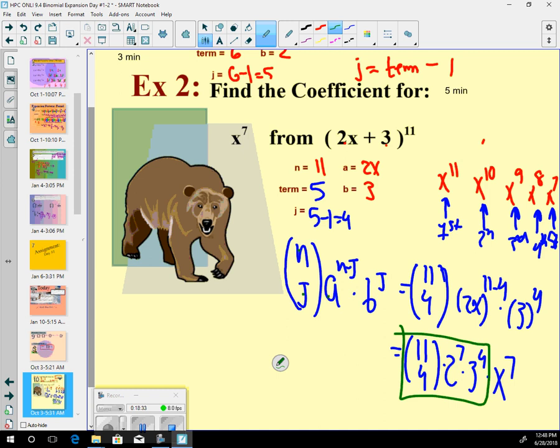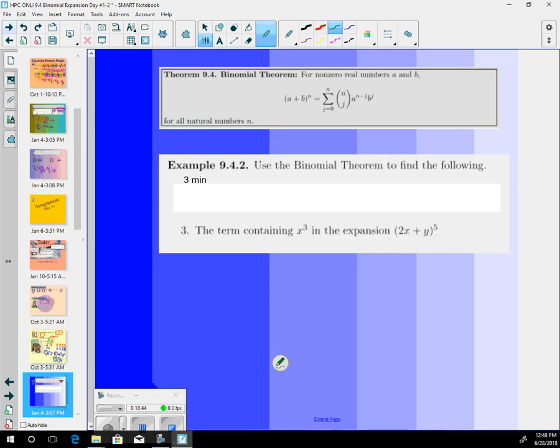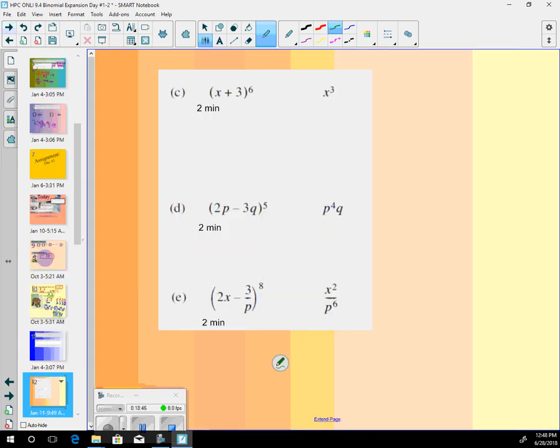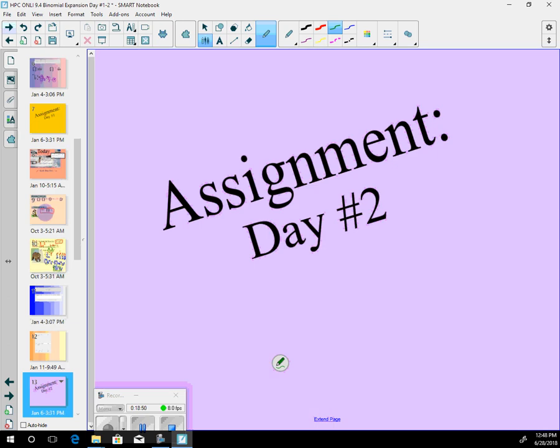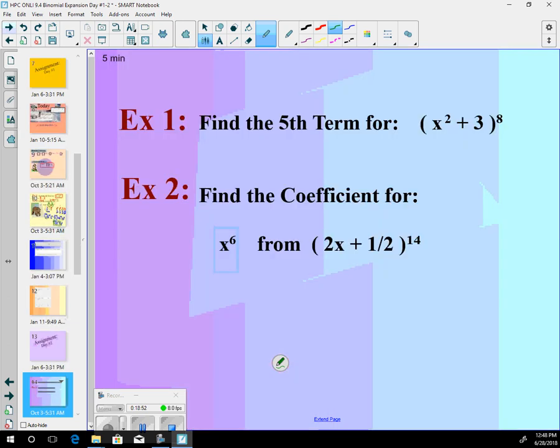First part, a to the n minus j, b is 3 to whatever j is. And we can do examples and problems all day long. It's all the same kind of thing. You have to find your j, and you'll be good to go.